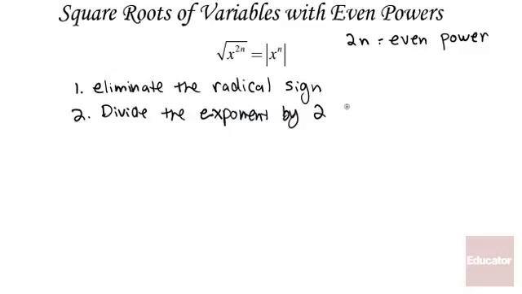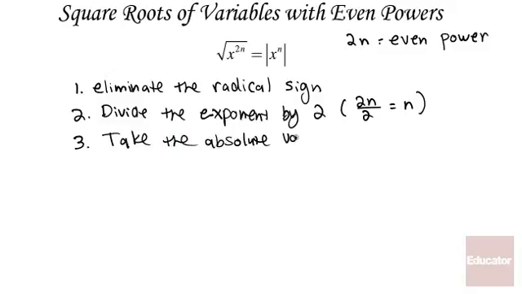So if I had 2n and I divide it by 2, I'm going to end up with n. So I have this expression radical x to the 2n, I got rid of the radical sign, and then I divided 2n by 2 to give me x to the n power. The last thing I have to do is take the absolute value of the result.